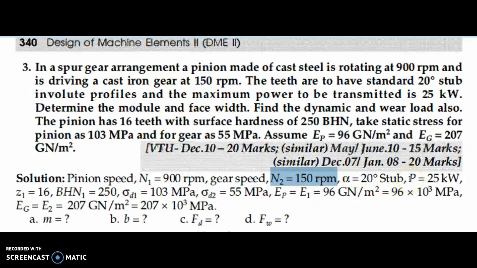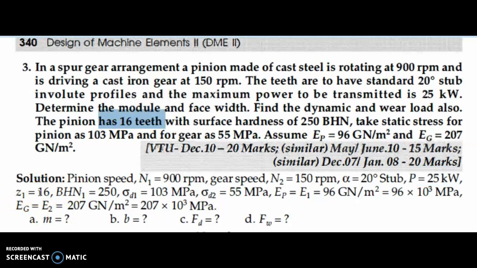Next, the power is given: P is equal to 25 kilowatt. They also gave the number of teeth on the pinion as 16, so we can write Z1 is equal to 16.